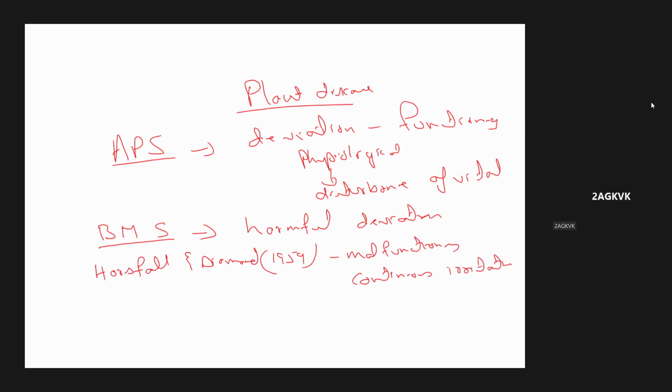It's a continuous irritation which results in some suffering. Hence, it is a pathological process.